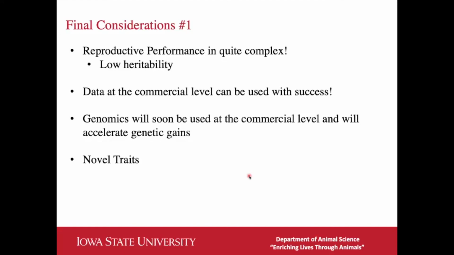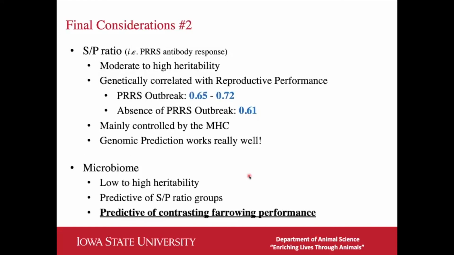Okay, so antibody response to PRRS measured as sample to positive ratio has moderate to high heritability. We got high genetic correlations with reproductive performance. During the outbreak, this correlation is between 0.65 and 0.72. But even without an outbreak, we also get a very high one, due to vaccination, being 0.61.